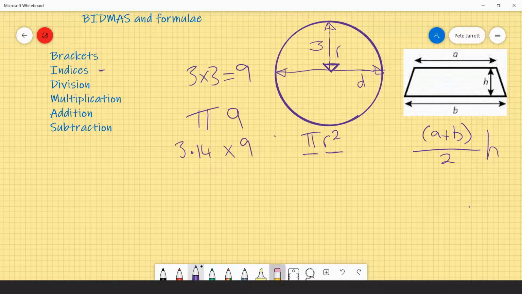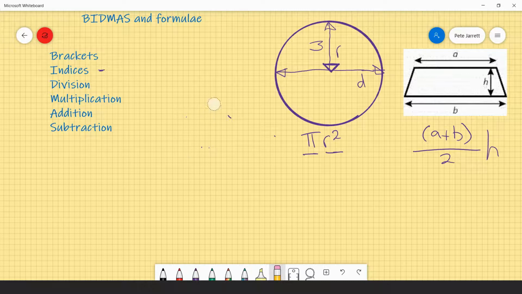If we move on now to the formula on the right, this is the formula for the area of a trapezium. Here we've got A, which is the upper side of the trapezium.